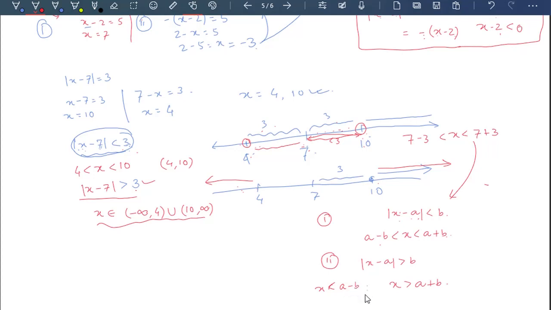These are the two parts. These are the cases you should remember. If you have any confusion, then you can always use the distance concept.